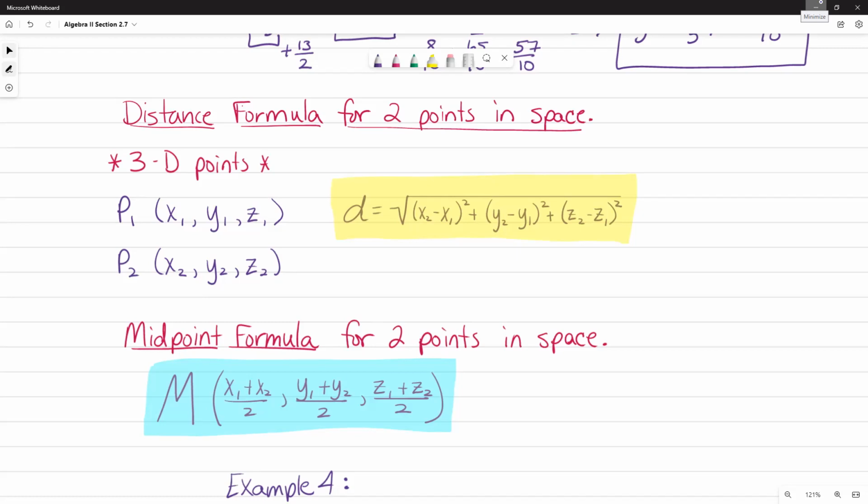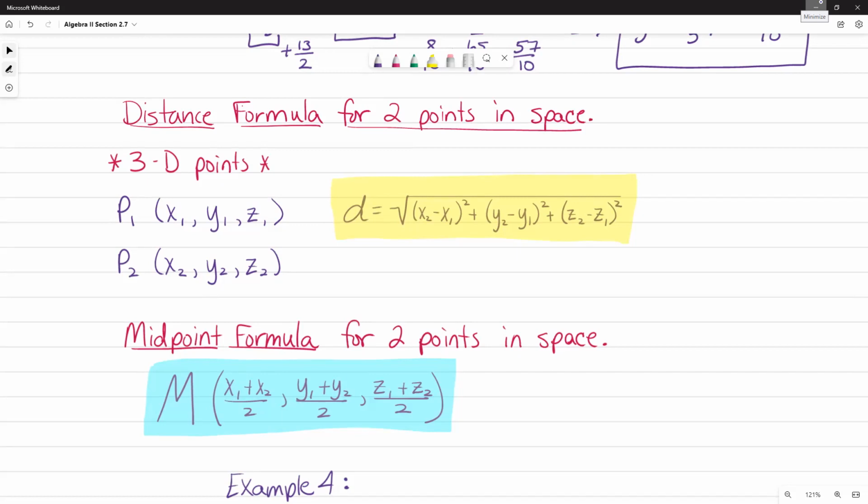So when that's the case, our points have three coordinates. We have the x coordinate, the y coordinate, and the z coordinate. And our distance formula simply tacks on that z coordinate, the difference of that z coordinate squared, to the end.